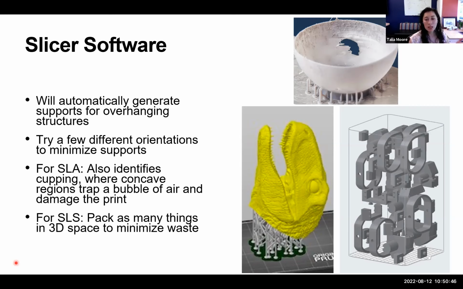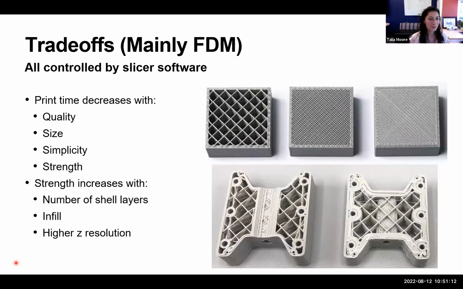And so your slicer software should be able to identify cupping, where you've got concave areas and you're in danger of this cupping artifact. For SLS, for powder, it's also really helpful to pack as many things as possible into that 3D space to minimize waste. So if you're trying to 3D print a ton of things for, say, a class, this might be a really great way to go. Next slide, please.